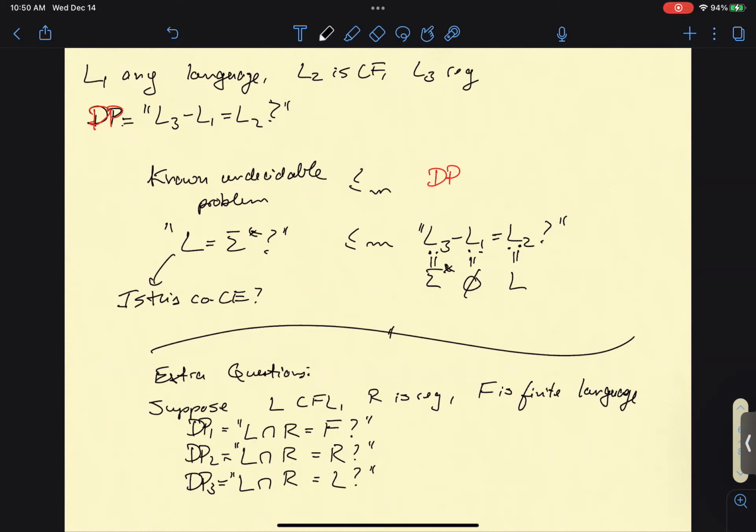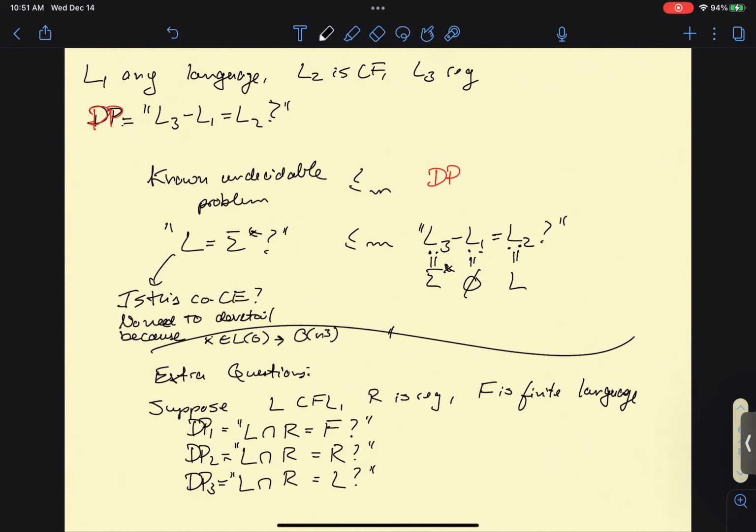That's not dovetailing. You don't have to dovetail in this case, another good question. No need to dovetail, because checking x in L of G takes O(n cubed) time.